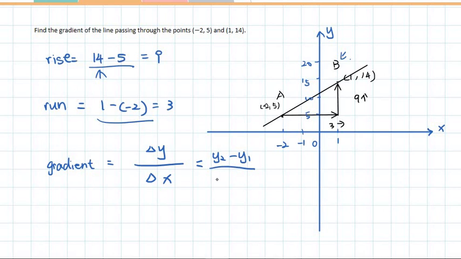For the horizontal coordinate, we use the same thing. We use the horizontal coordinate of B, which is 1, take away the horizontal coordinate of point A, which is -2. So it's x2 minus x1. This is the general formula if we are given two coordinates on the graph.